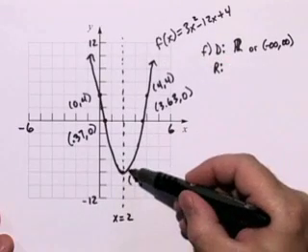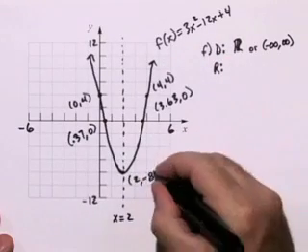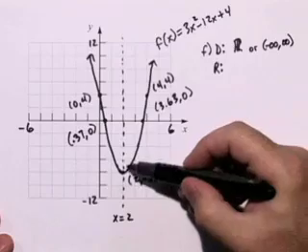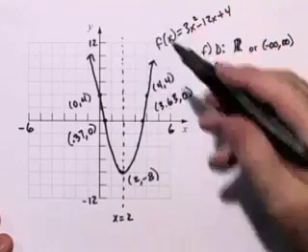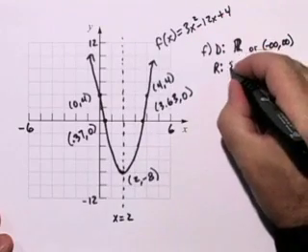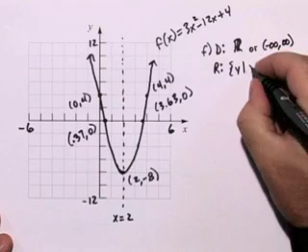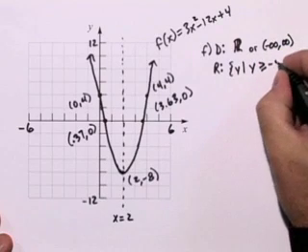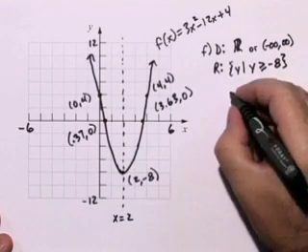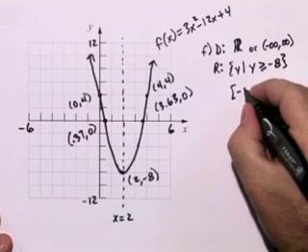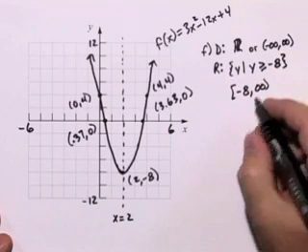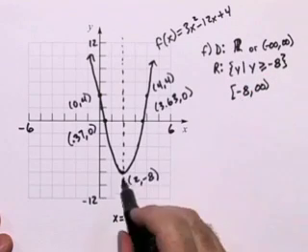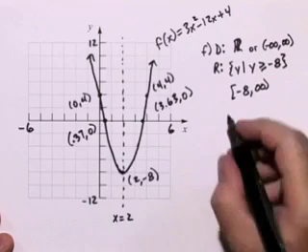You can see that the smallest value for y will be -8, and we can get any value from -8 and up. So the range will be the set of all values for y such that y is greater than or equal to -8. In interval notation, we would write [-8, ∞), using a square bracket on -8 because we can include that value.